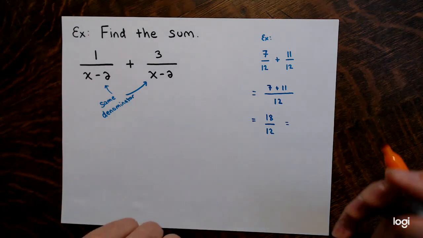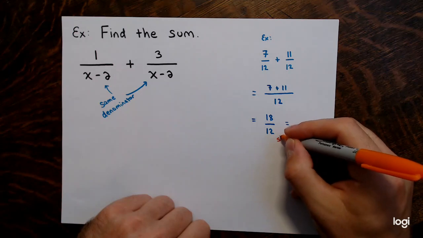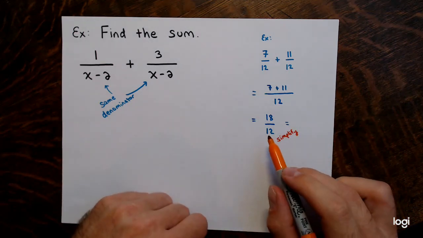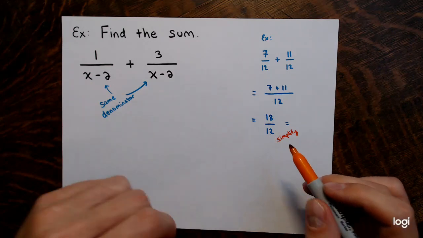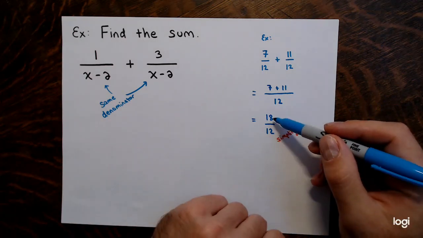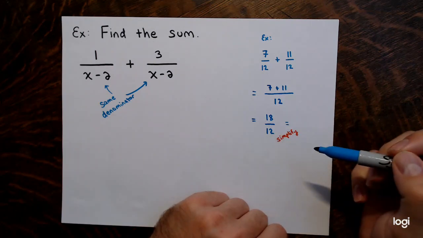As in previous videos, you're always going to be asked to not only add, but this is the sum, but it's not considered totally simplified because the numerator and denominator have a common factor. In fact, the greatest common factor of 18 and 12 is 6.